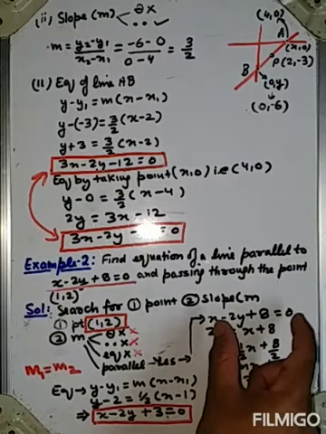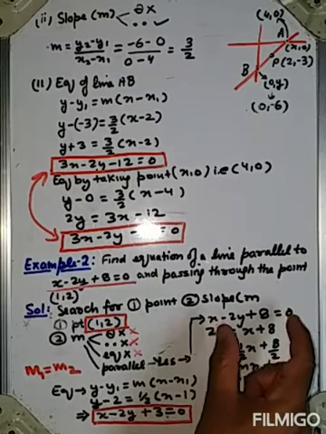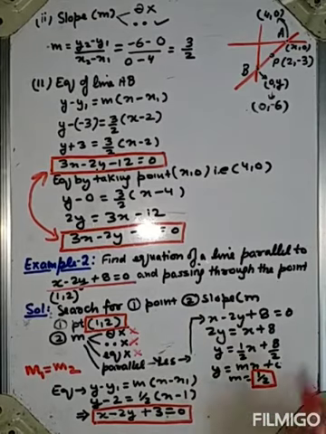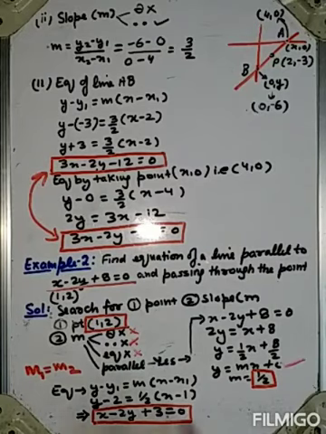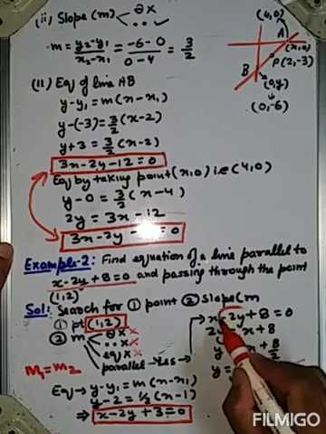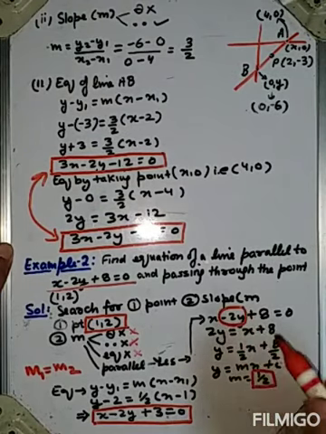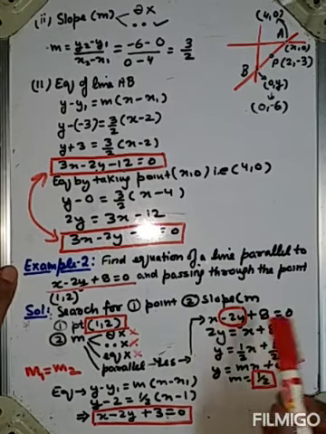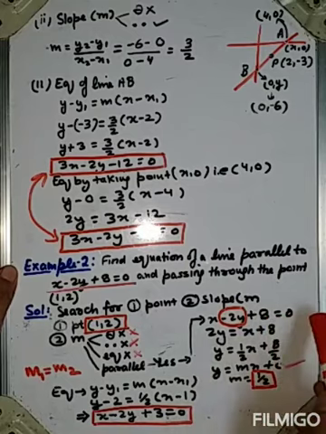When the equation of line is given, compare with the equation y equals mx plus c. How to compare, we have discussed in the last video also. First of all, isolate the y term on one side with positive sign. This is having negative sign, so move it to the other side.